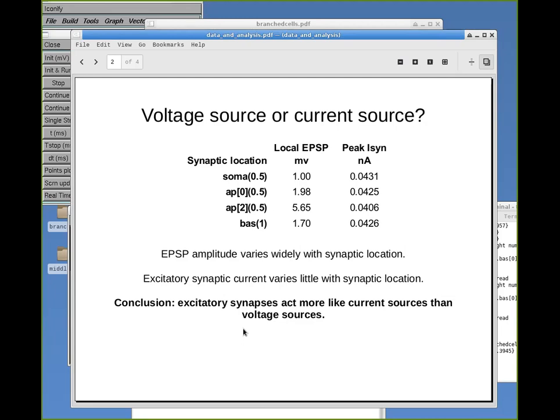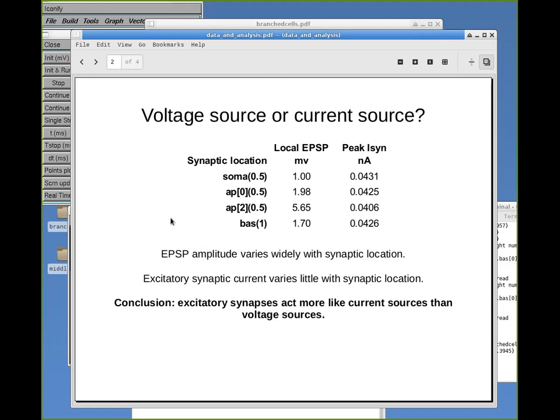Maybe they should be saying, if we have a certain amount of current entering here, what's the depolarization as a function of location? In other words, instead of thinking about voltage attenuation ratios, they maybe should be thinking about transfer resistances, transfer impedances.